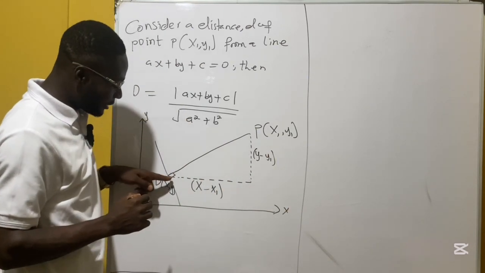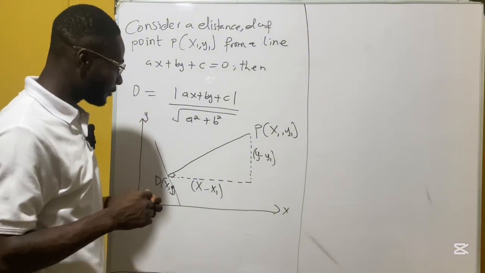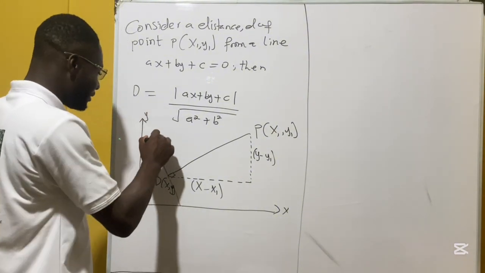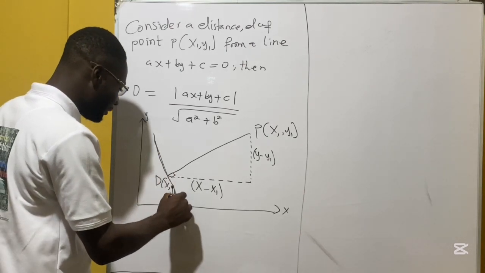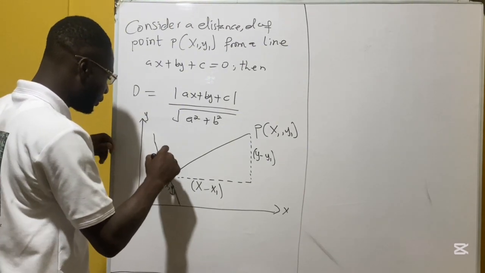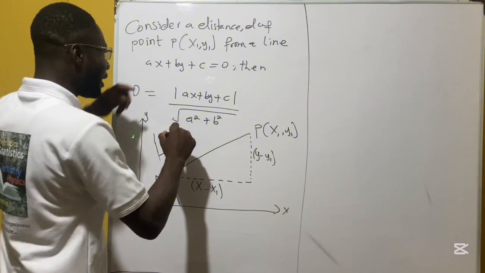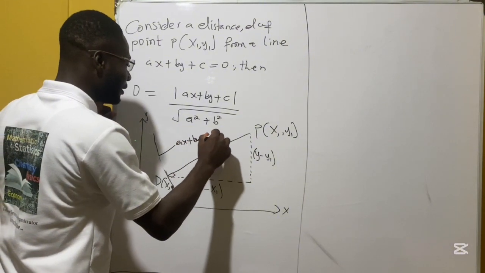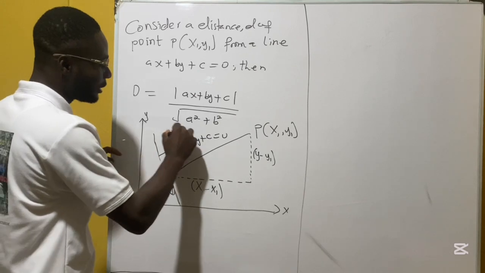Because this is a right angle, it is perpendicular. This is the line, which of course is ax plus by plus c equals 0.